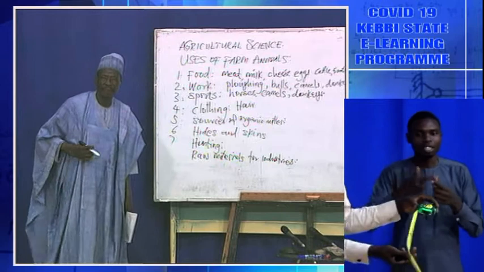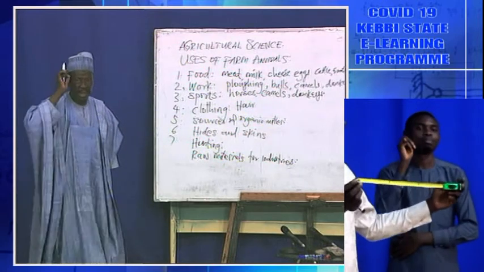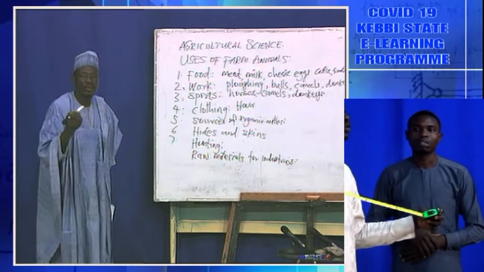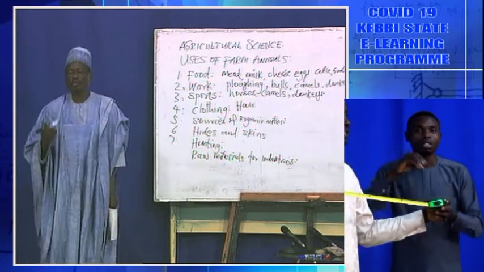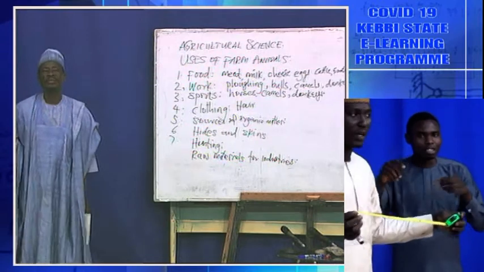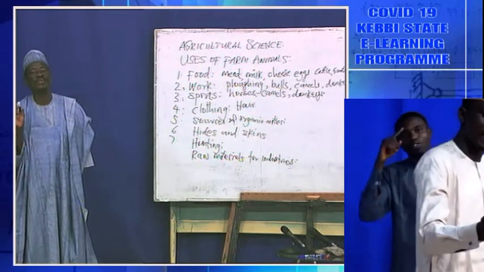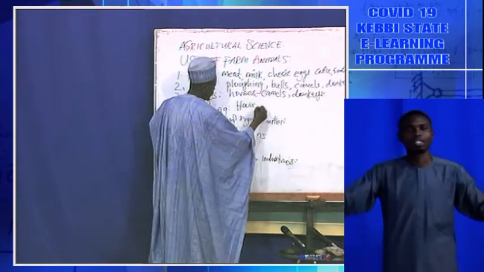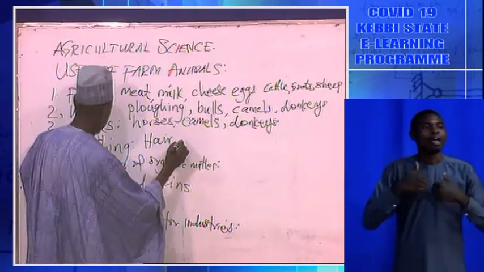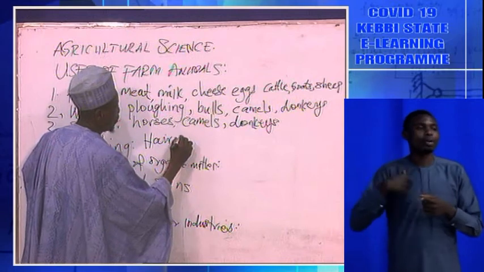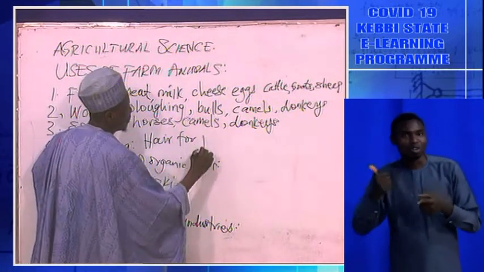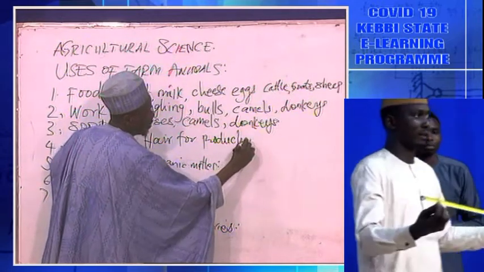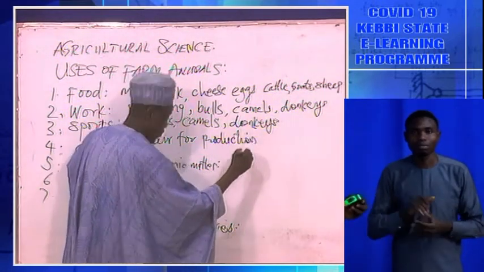That hair that we cut or remove is used for production of good dressing systems, especially for ladies. So, for making clothes, hair for production of clothes.